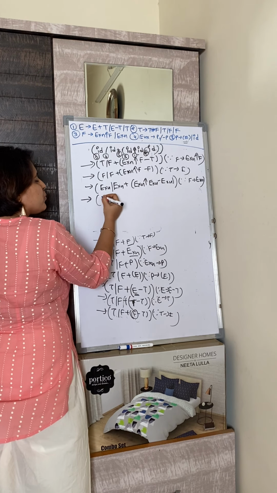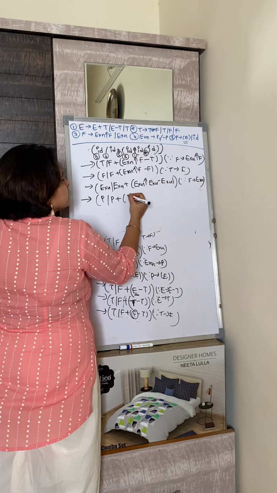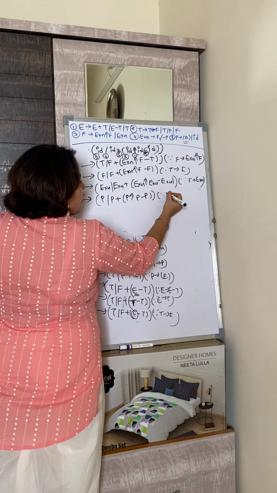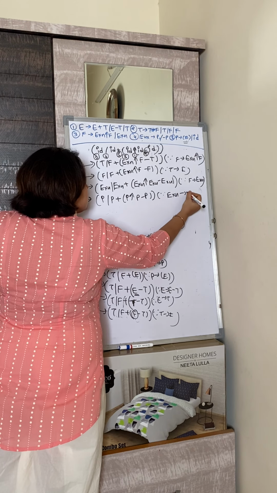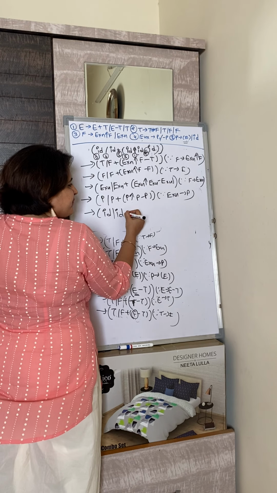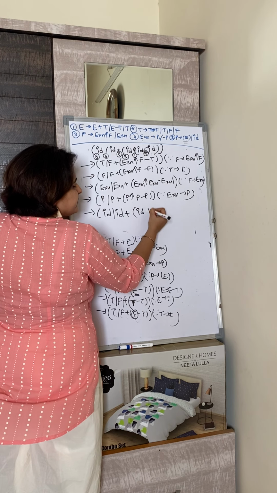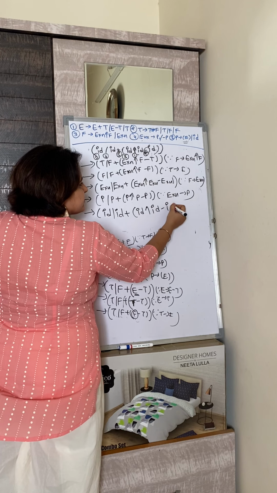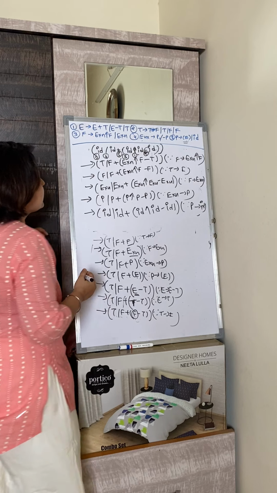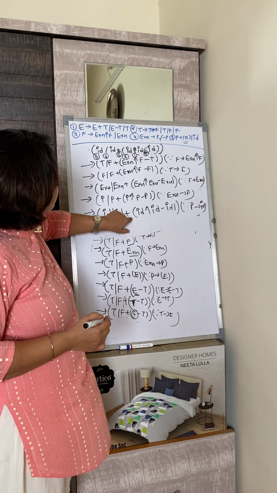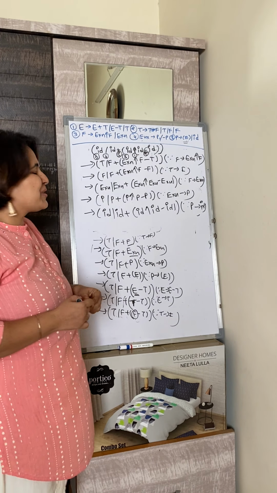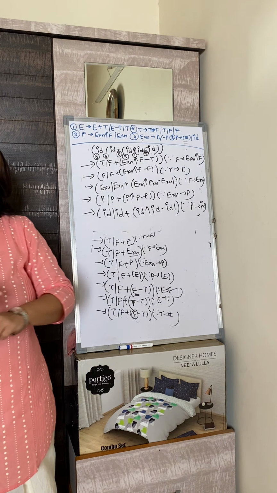EXN should be deriving to P, because EXN derives P, and P should be deriving to, yes, ID, because P derives ID. So see, that is what we require: ID divided by ID plus in bracket ID raised to ID minus ID. Yes, we have achieved it. So that is how we will be actually solving the expressions.